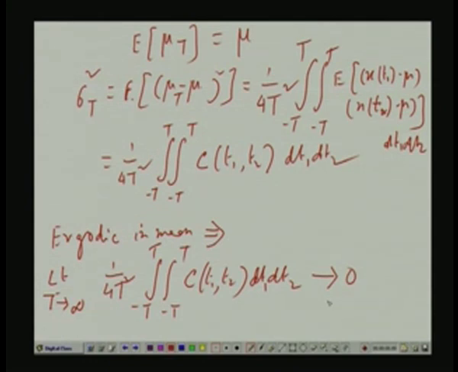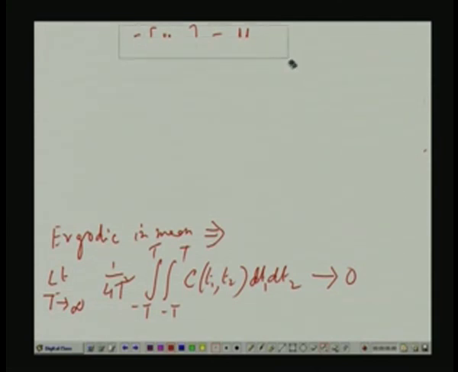You can take an example. Suppose x t is given to be some mu plus z t, where z t is a 0 mean random process, mu is constant, z t is a 0 mean random process. What is expected value of x t then?